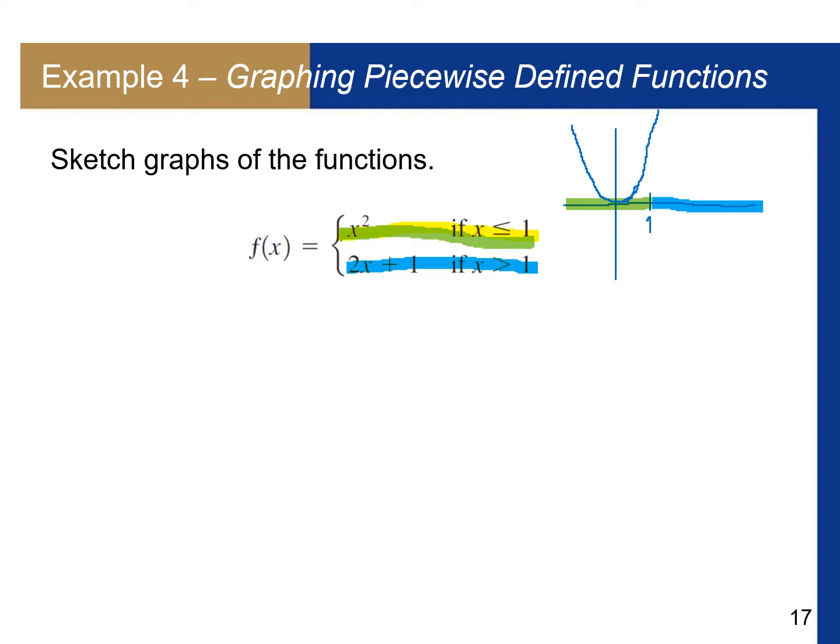Okay. And this 2x plus 1 has a y-intercept at 1 and then the slope of 2. We looked at that earlier. So y-intercept of 1 would be right here. And then from that, it goes up 2 and over 1.